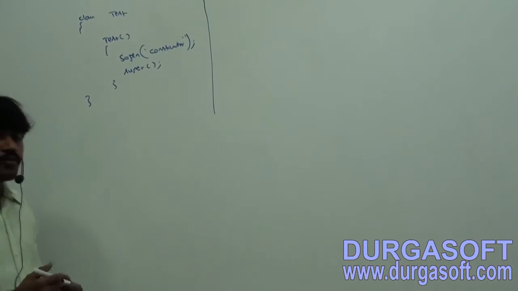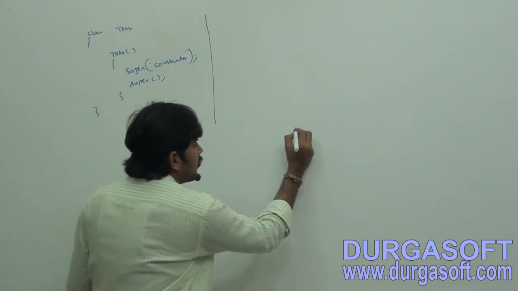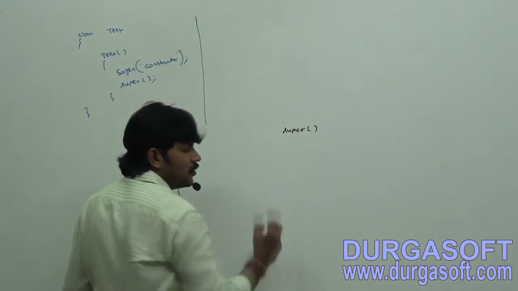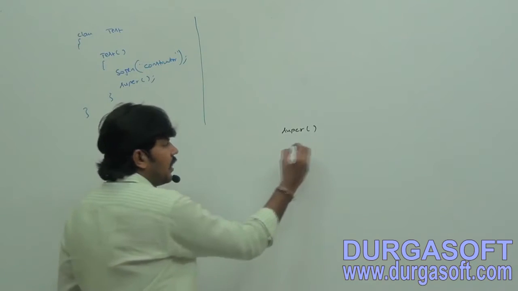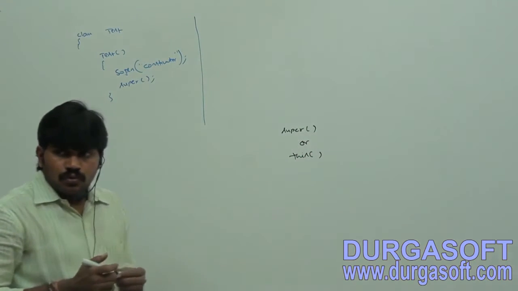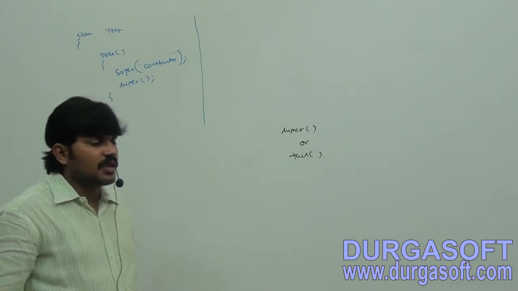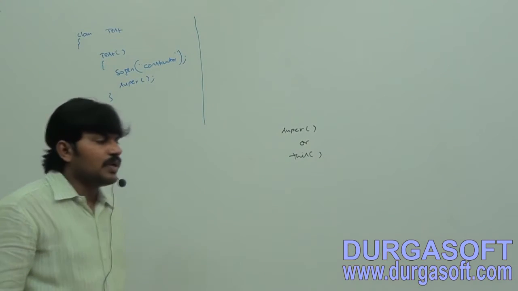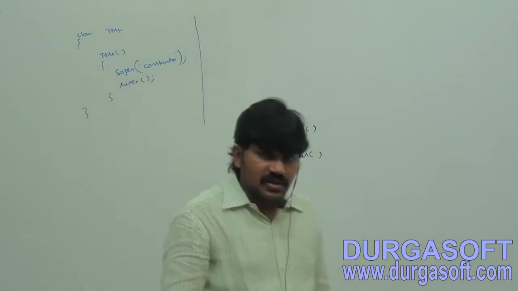We can take super or this. Super means better to take super bracket open bracket close. We can take super or this only in the first line of a constructor.